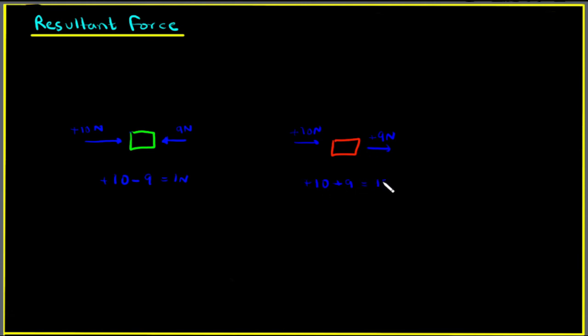So 10 plus 9 is going to be 19 newtons, right? So 19 newtons is going to be the overall effect of the forces on this object. So you can see that just by reversing the direction of one of the forces, it created a significant difference in the overall effect.